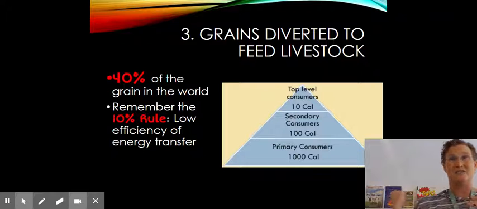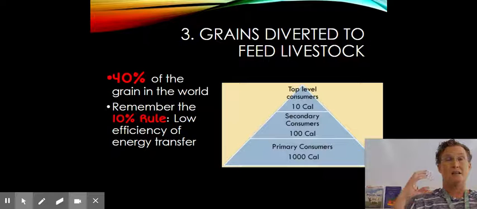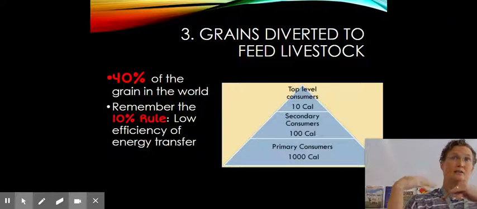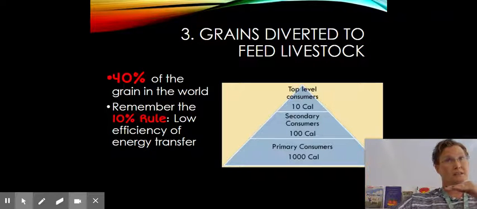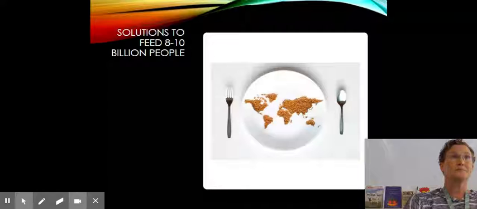So that's that idea of eating lower on the biomass pyramid and eating more vegetables, making a larger amount of our diet grains and vegetables than meat or things higher on the biomass pyramid like fish, because you can feed more people if they eat the grain instead of the cows eating the grain.